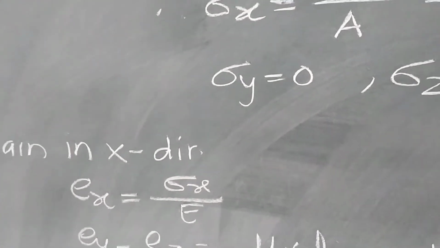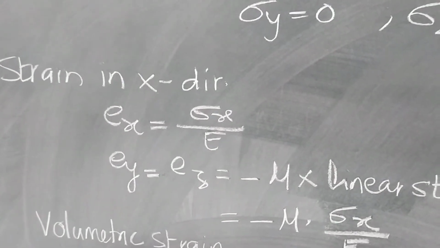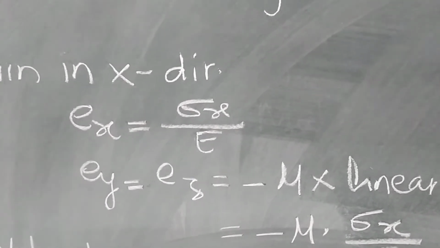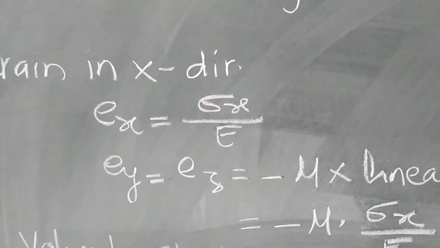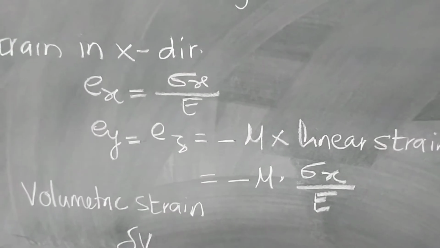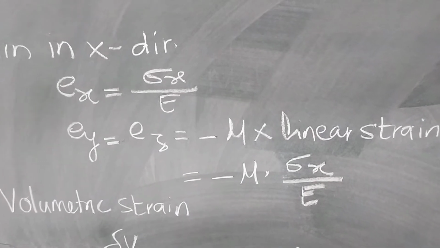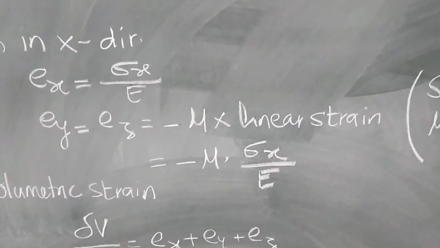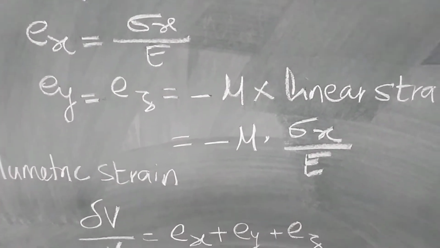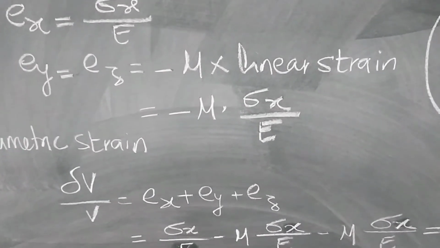Now, let us consider strain. Strain in x direction, Ex is equal to, we know the formula, strain is equal to stress upon Young's modulus, or stress upon strain is equal to Young's modulus, and that is why strain in x direction is sigma x upon E, that is stress in x direction upon Young's modulus E, and Ey and Ez is nothing but minus mu into, why minus mu?